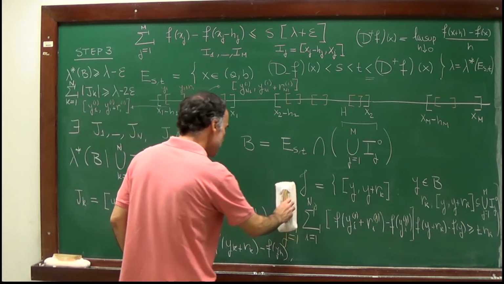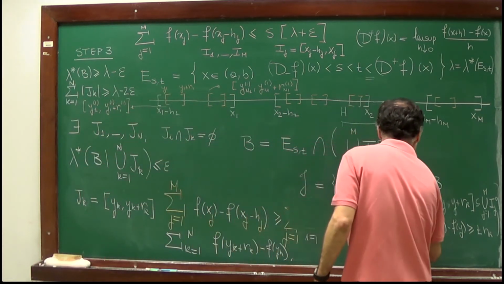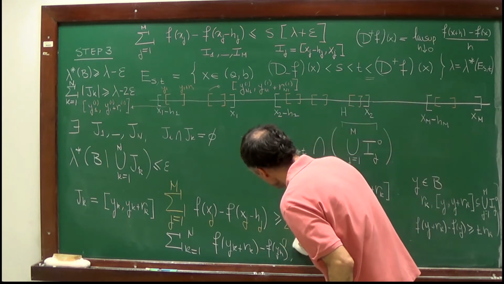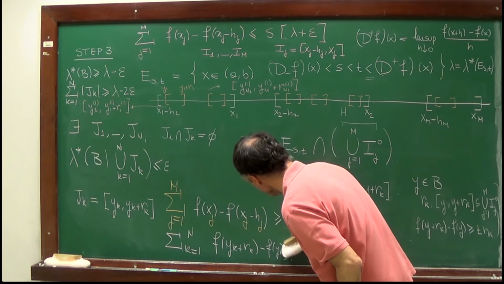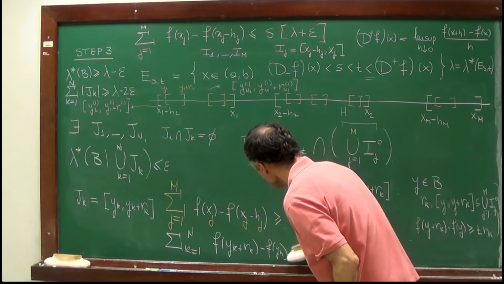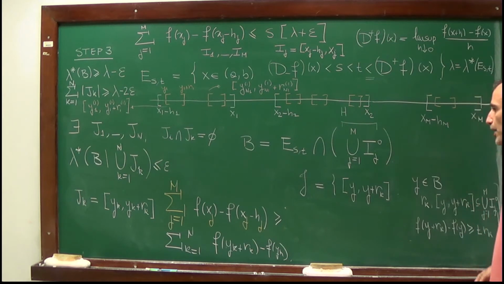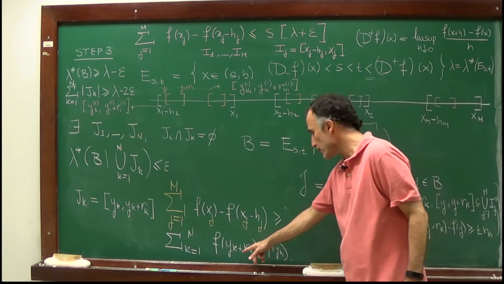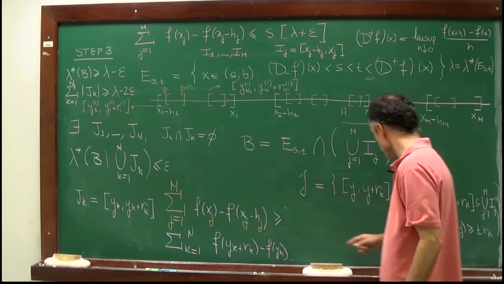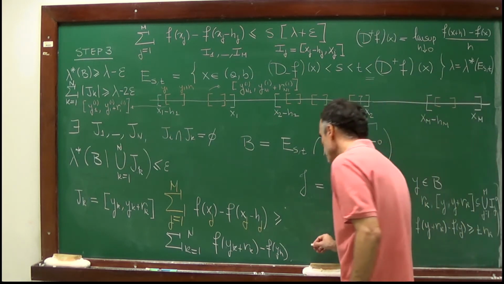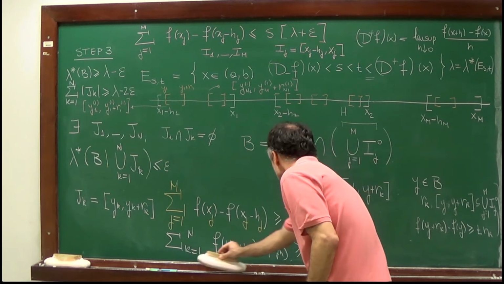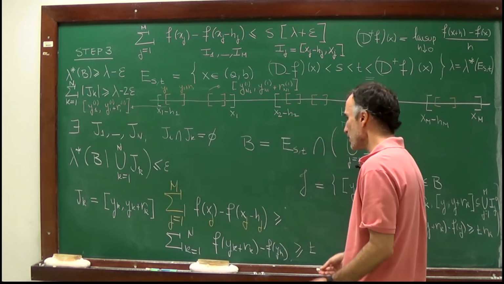So I will erase the step which led to that conclusion, and I have enough space to conclude the proof of the theorem, because now I will just recall that inequality. So I know that f of yk plus rk minus f of yk is bounded below by t times rk.